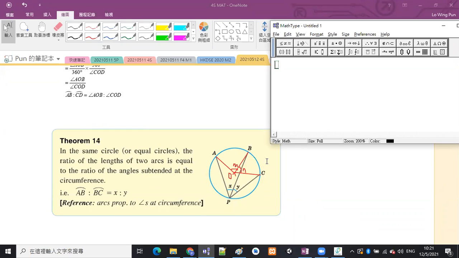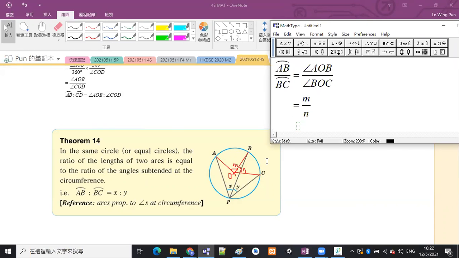So we can see that the arc ratio of AB to BC should be equal to the angle ratio, that is angle AOB to angle BOC, which is equal to m over n.